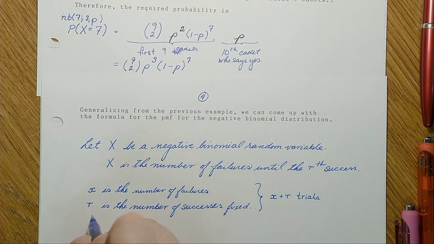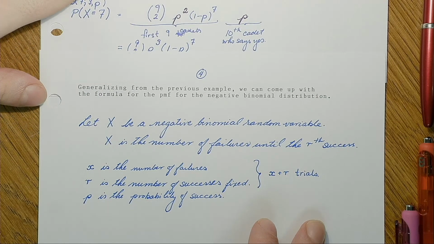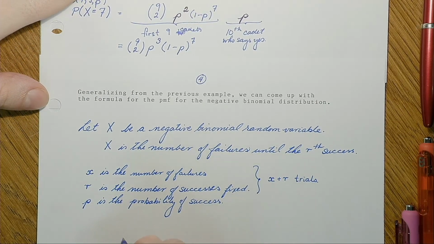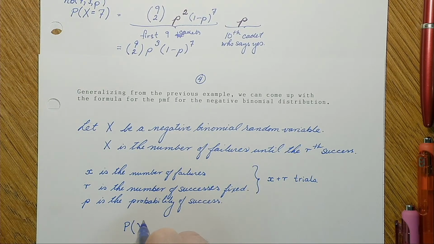And the other thing is p is the probability of success. So we'll have the probability of big X equals little x.